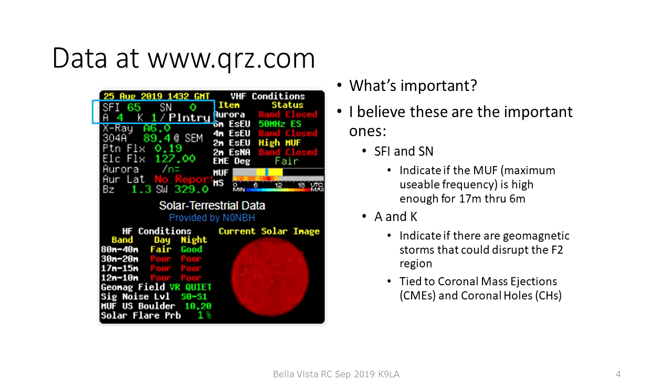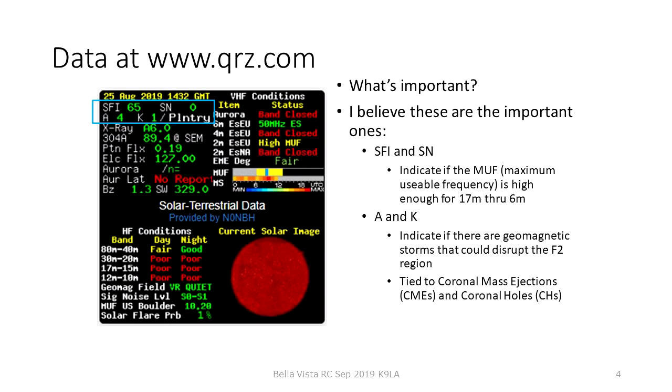The other two indices are the A index and the K index. What they are is just a measure of how the Earth's magnetic field is being perturbed. And they indicate if there are geomagnetic storms that could disrupt the F2 region. That's mainly the region we're interested in.